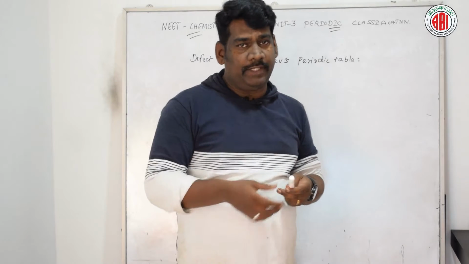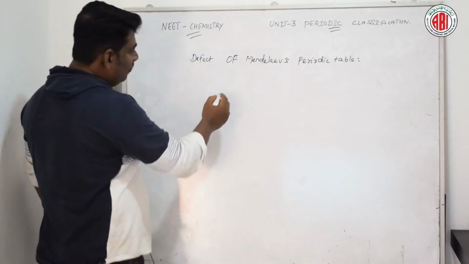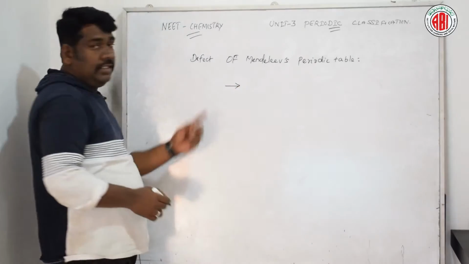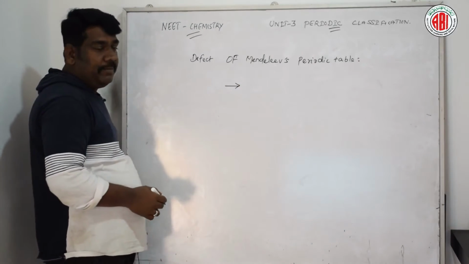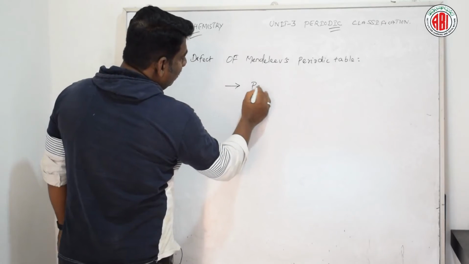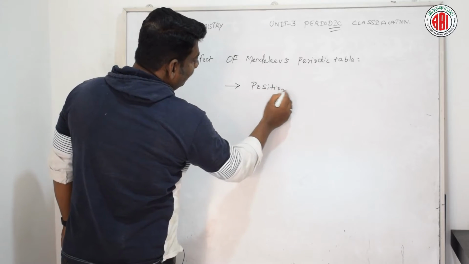So let us see one by one. The first and most important defect of the Mendeleev periodic table is the position of hydrogen.